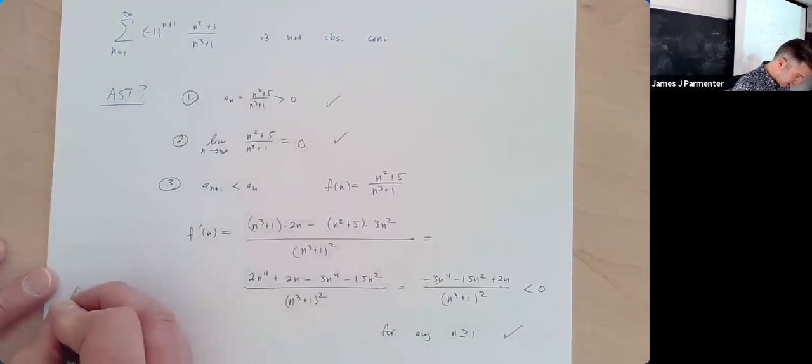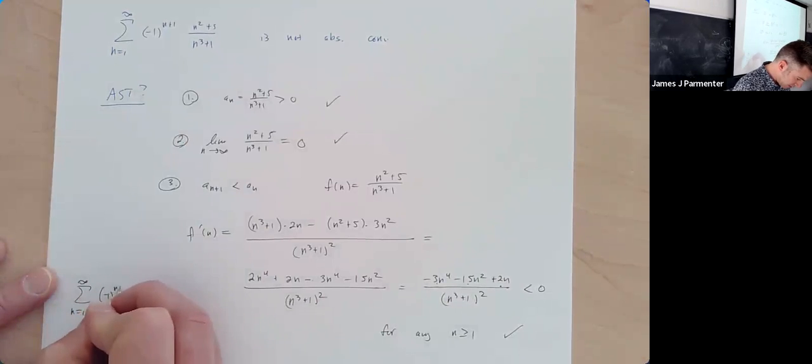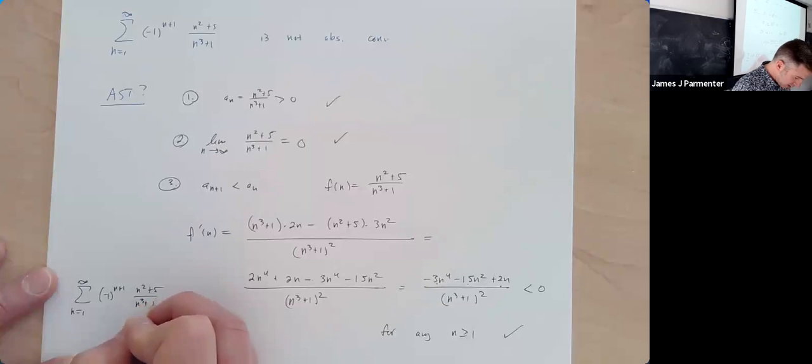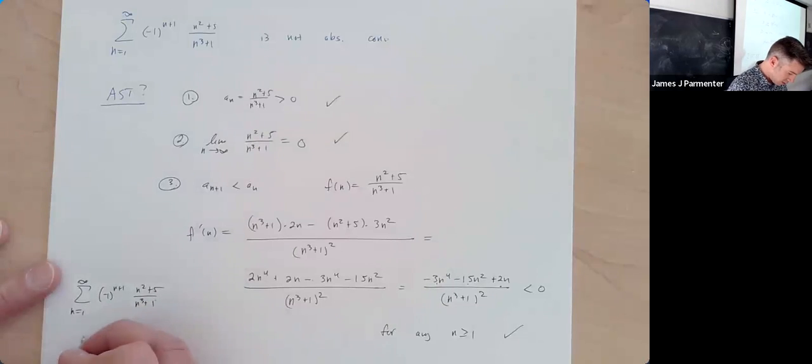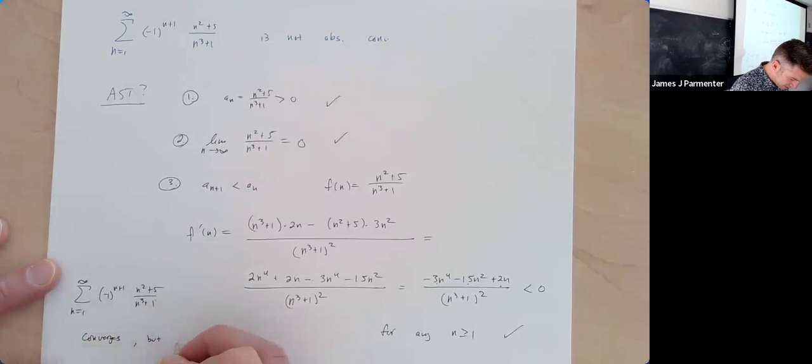So our series from n equals 1 to infinity of negative 1 to the n plus 1, n squared plus 5 over n cubed plus 1 does converge, but does not converge absolutely.